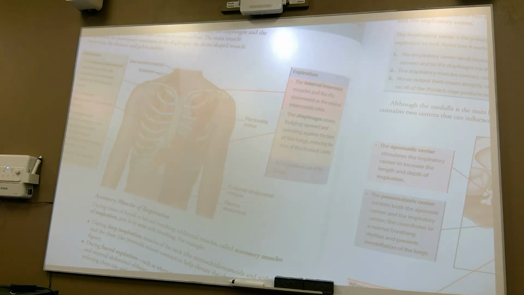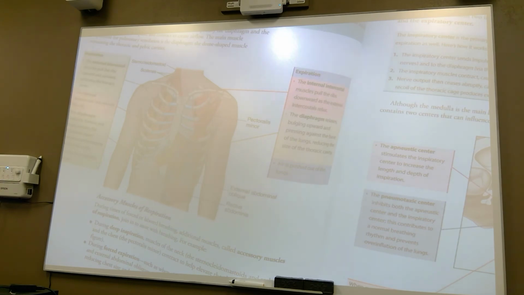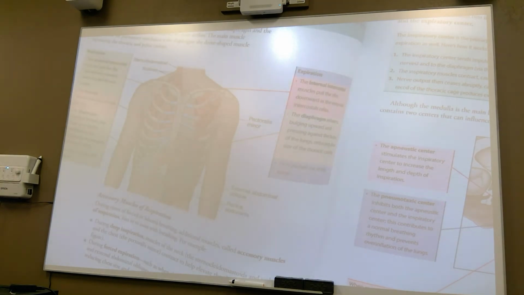The barreled chest is actually something we can measure and assess, and we say it's a 2-to-2 ratio, because a normal chest is 1-to-2, that means the width of it is twice as wide as it is this way when you're thinking chest. Theirs is 2-to-2. Their chest is as wide this way as it is that way, because of those accessory muscles they've built up and the overinflation of the lungs.